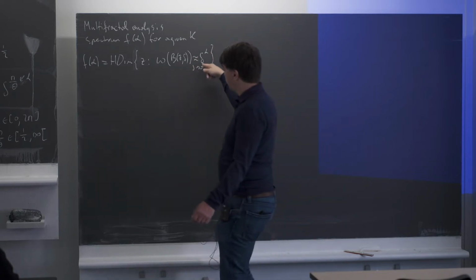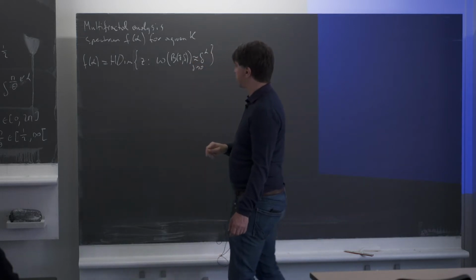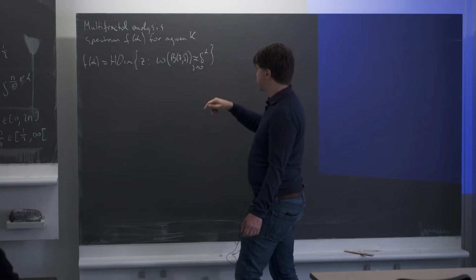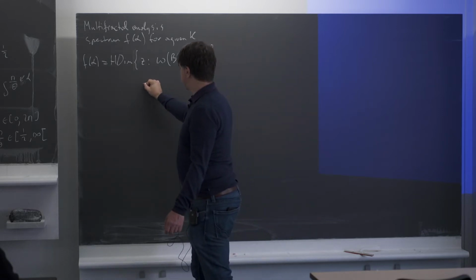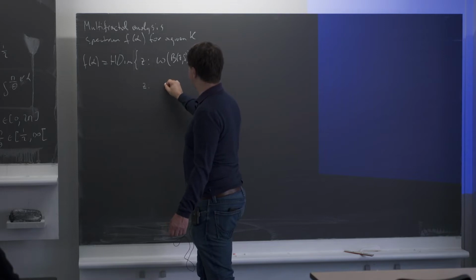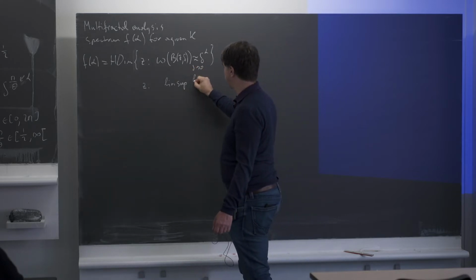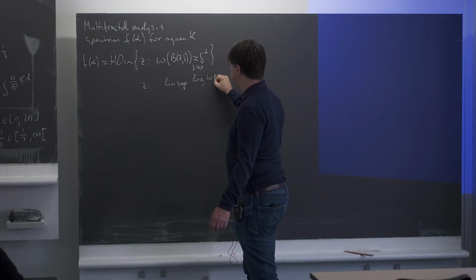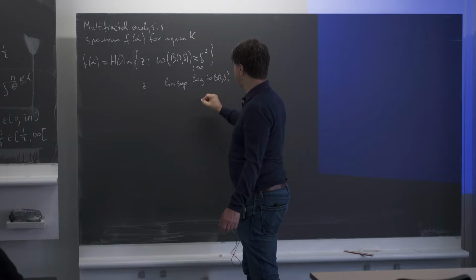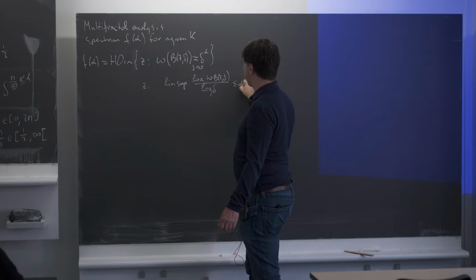So normally you need to put lim sup here or something like that. So it's basically the z such that lim sup or lim inf of the logarithm of omega of B(z, delta) divided by the logarithm of delta is no more than alpha, something like that.